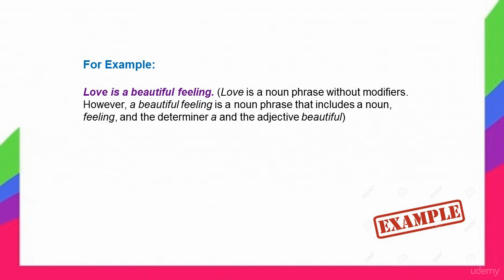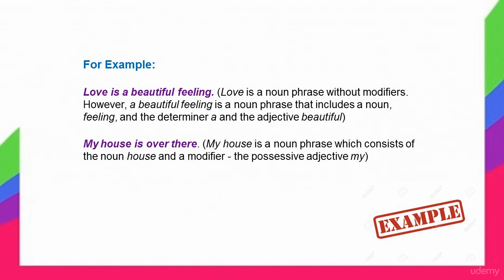However, a beautiful feeling is a noun phrase that includes a noun, feeling, and the determiner, a, and the adjective beautiful. My house is over there. My house is a noun phrase which consists of the noun, house, and a modifier, the possessive adjective, my.